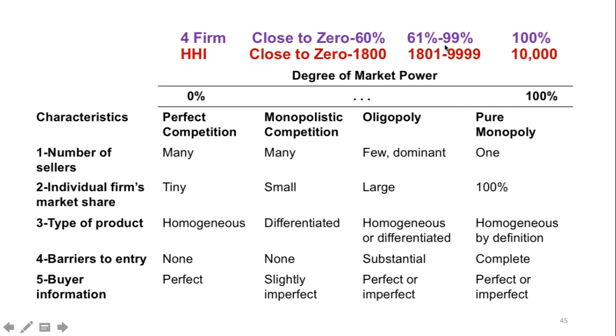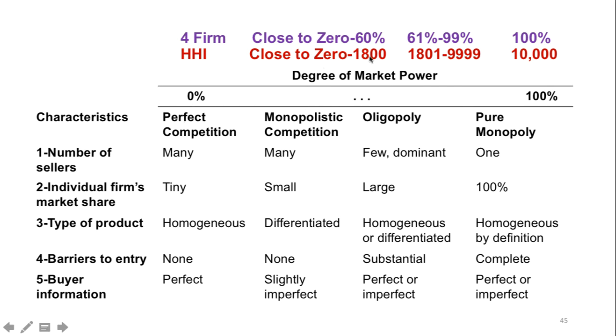If it's between 61 and 99%, it is moderately concentrated, and if it is 100%, it means that it is perfectly concentrated. The same thing for HHI. If it's close to 0, it means that basically it is perfectly competitive.